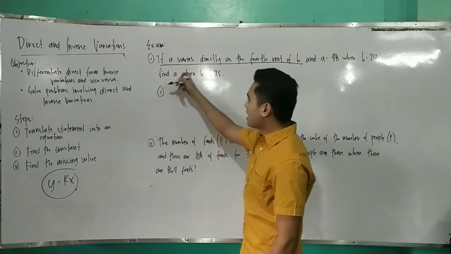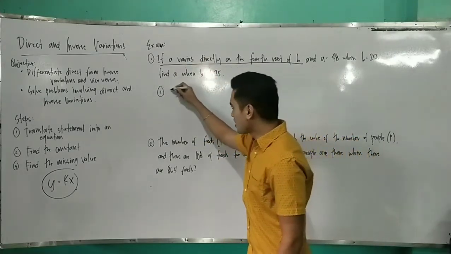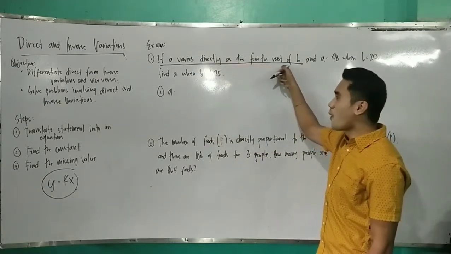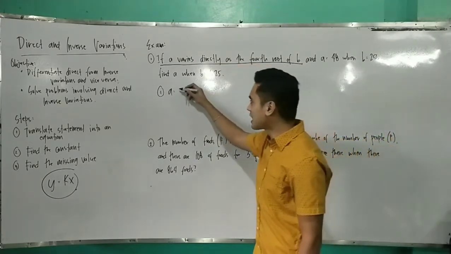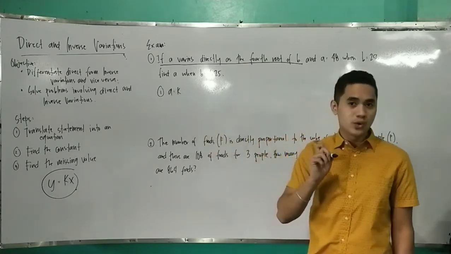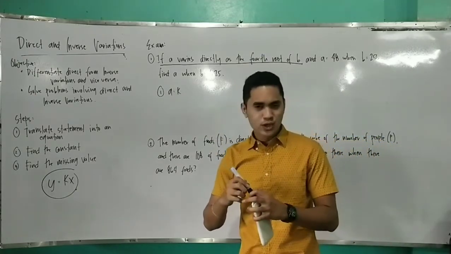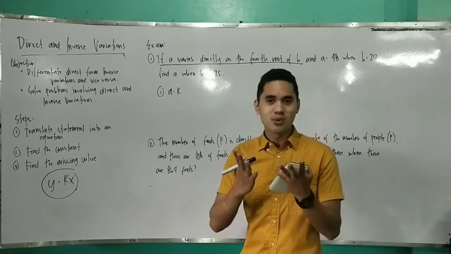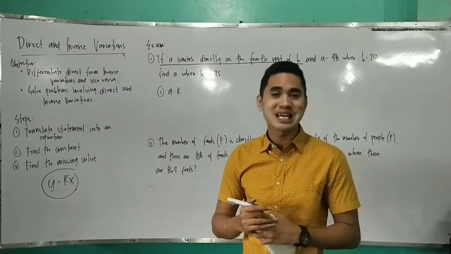Ayan. So, bali meron tayo dyan A. Ayan. Varies directly as the fourth root of B. So, meron tayong A. So, fourth root, ayan, natandaan na. So, sir, paano nyo nga ba malalaman, paano nga ba namin malalaman kung yung isa po ay exponent o yung isa po ay may radical?